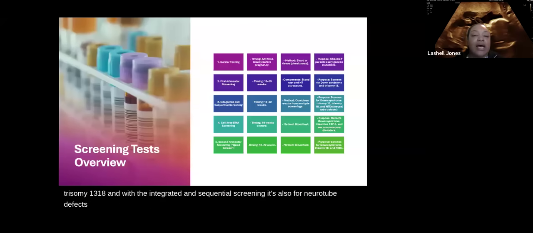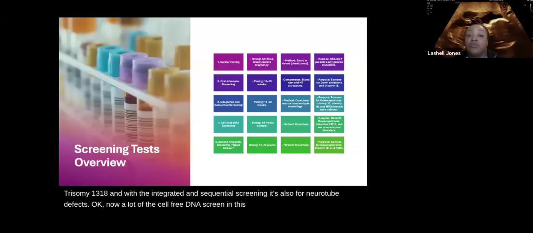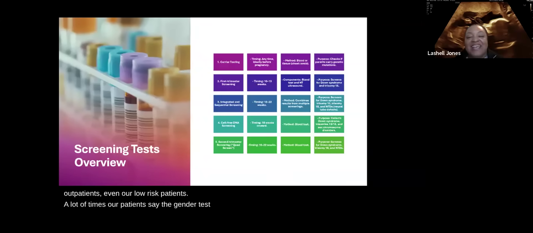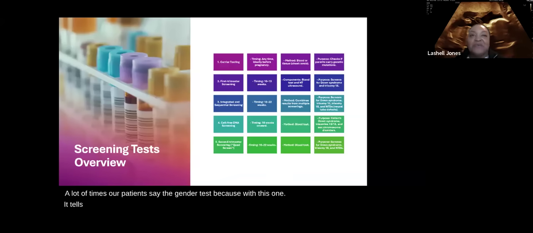Okay. Now, the cell free DNA screening is really offered to a lot of our patients, even our low risk patients. A lot of times our patients call it the gender test because this one tells you the gender, but of course we know it's not just for gender.